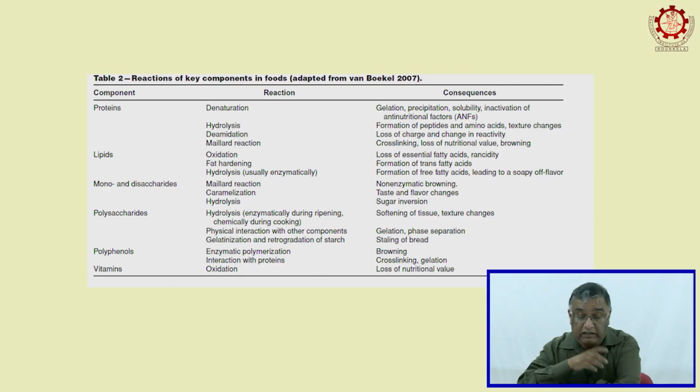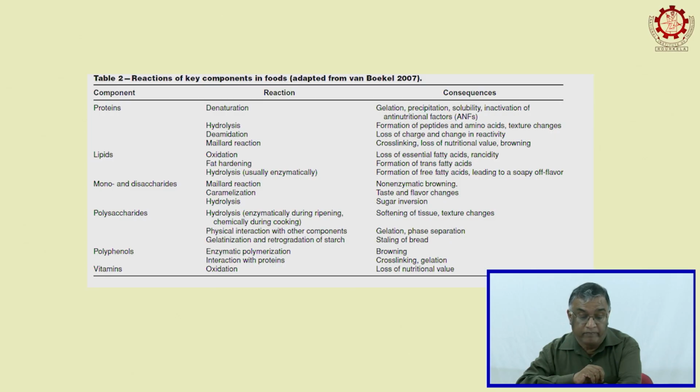If you look at different substances, for example protein, it may go through various reactions. It may denature, go through hydrolysis, and have certain Maillard reactions and so on, and that may affect precipitation and solubility, and you may have some anti-nutritional factors, for example in some of the plant proteins.